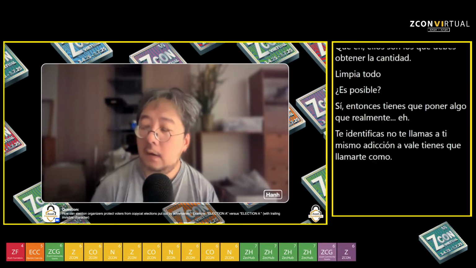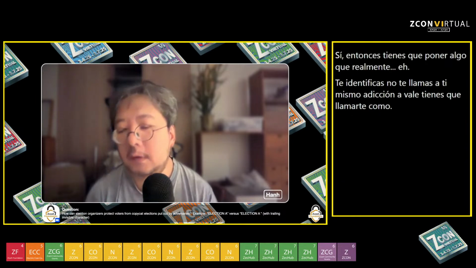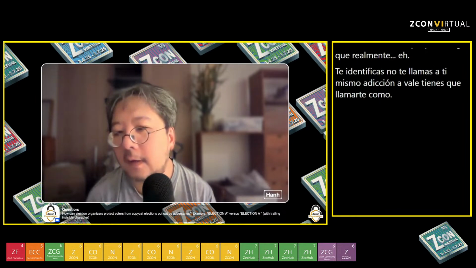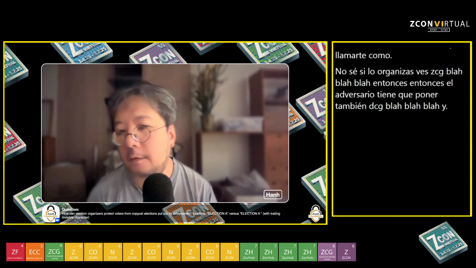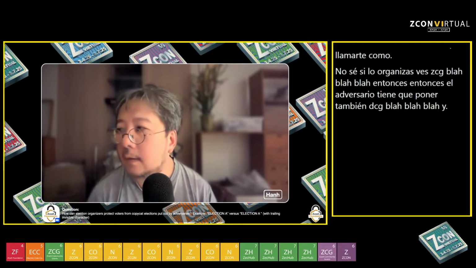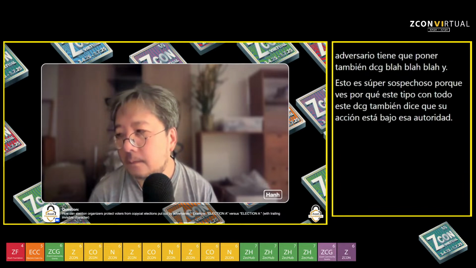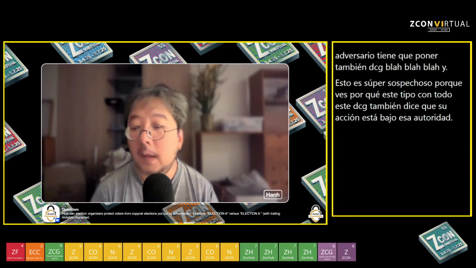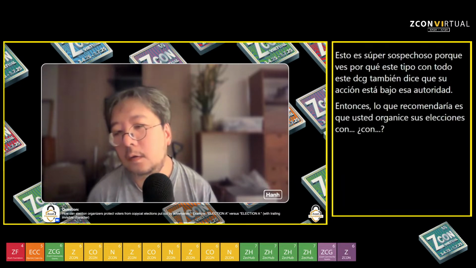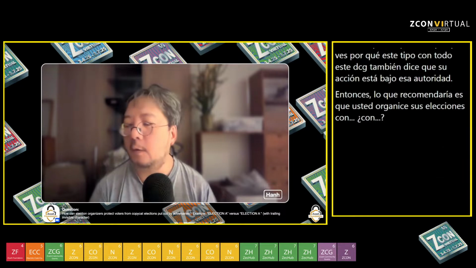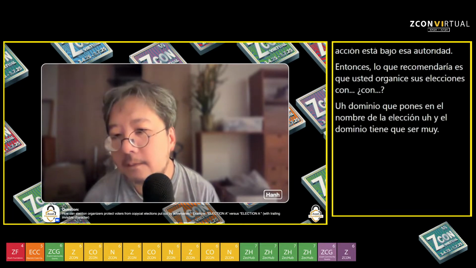Then the adversary has to put ZCG also, and then it's super suspicious, because you will ask why this guy without ZCG is also saying that the election is under that authority. So what I would recommend is that you host your election with a domain that you put in the election name, and the domain has to be fairly well protected, because these days your domain is your identity.